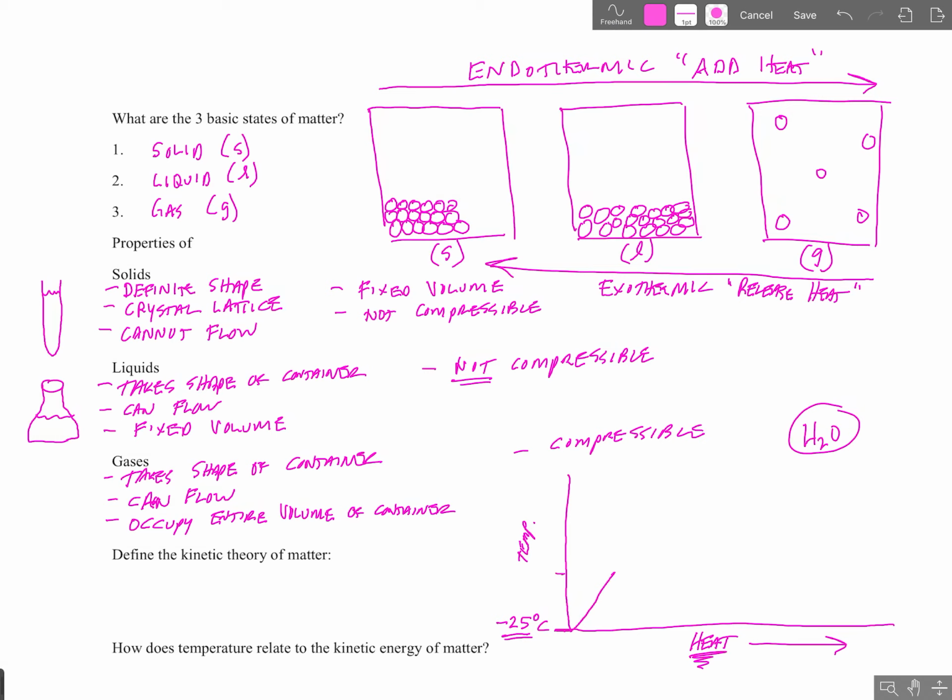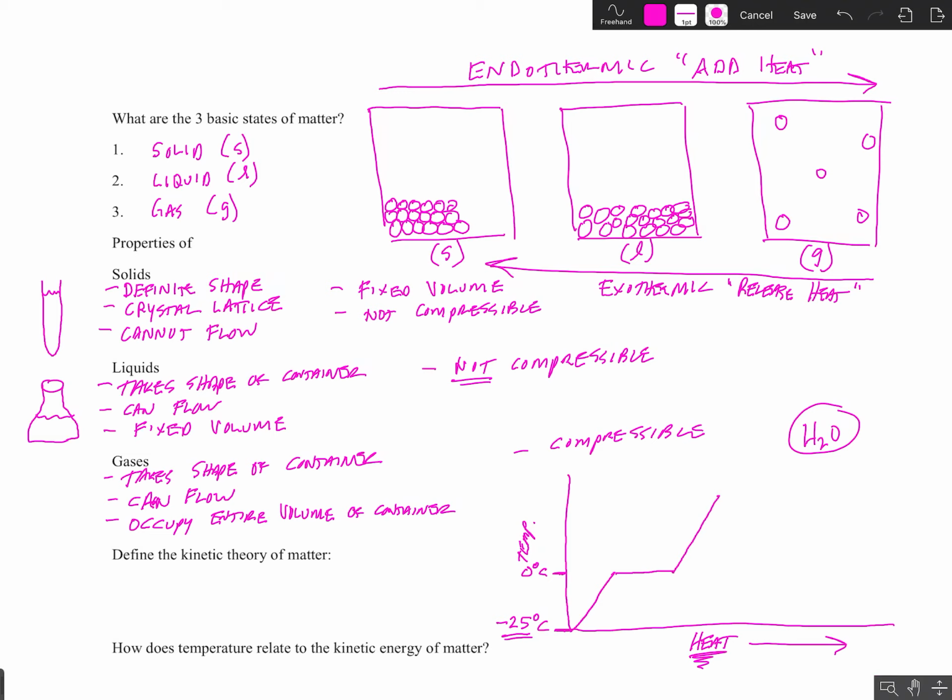But something interesting happens for water at 0 degrees Celsius. That's the melting point of water. And the water begins to melt. As it melts, the temperature does not change. It stays constant until all the water is melted. And then when that phase changes over, the liquid temperature can then begin to rise again.